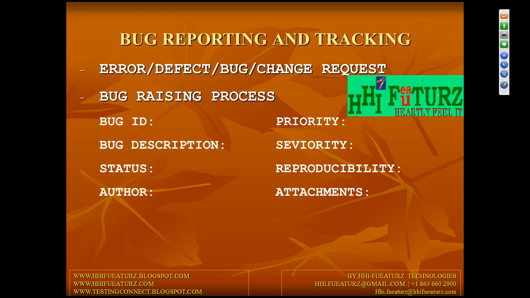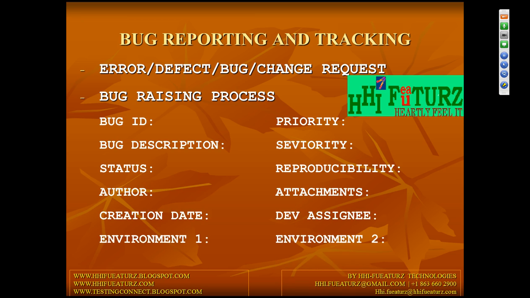For the bug reporting process, you have to follow some steps. The fields are: bug ID, bug description, bug status, author, creation date, priority, severity, reproducibility, attachments, developer assignee, environment, and repro steps. Remember, while creating test cases I came up with one template, but that is not a standard template.